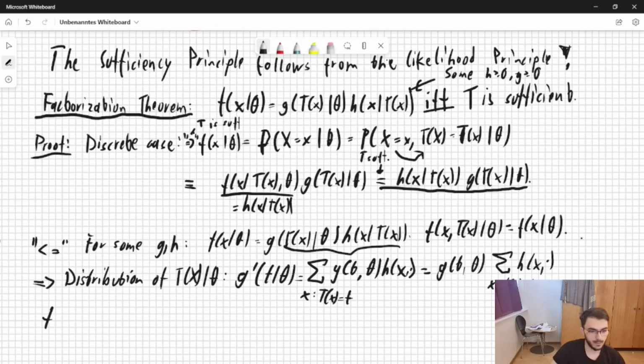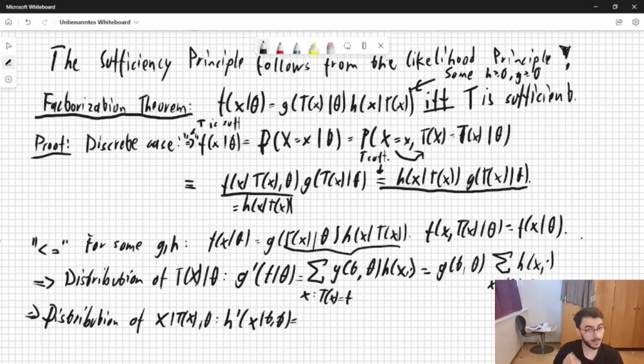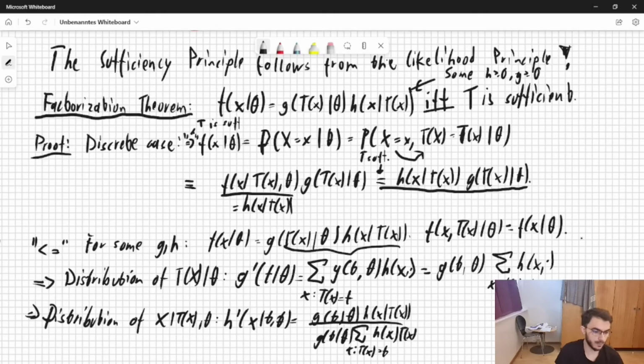And then we know that the distribution of x given t of x and theta, which we denote by h prime, is just the joint, which we have here, divided by the marginal. And we can write h of x given t of x.